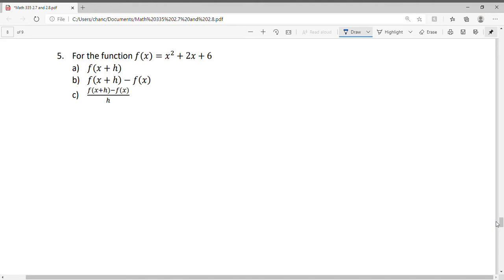Question 5. For the function f of x equals x squared plus 2x plus 6, we want to find f of x plus h. That means I need to plug in an x plus h everywhere I see an x. f of x plus h equals (x plus h) squared plus 2 times (x plus h) plus 6.